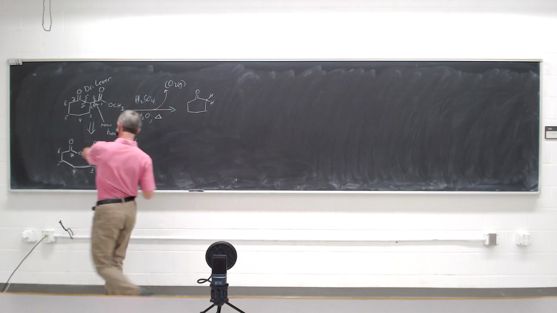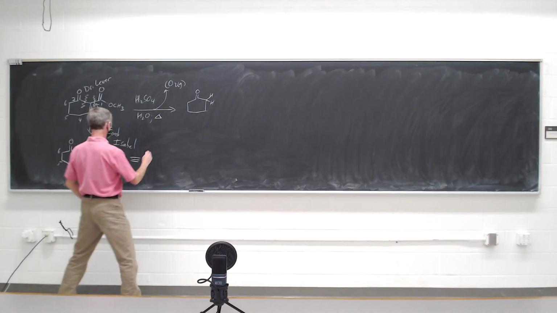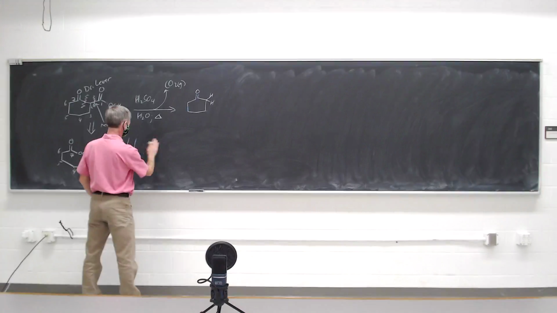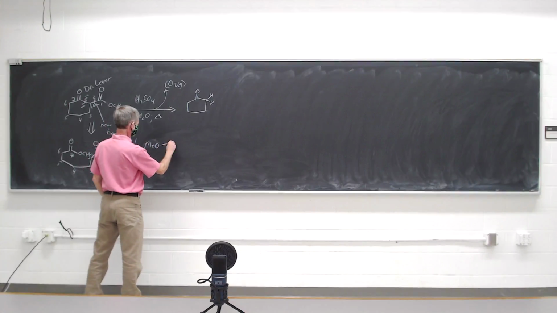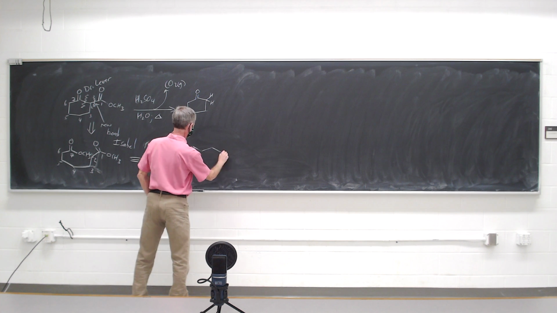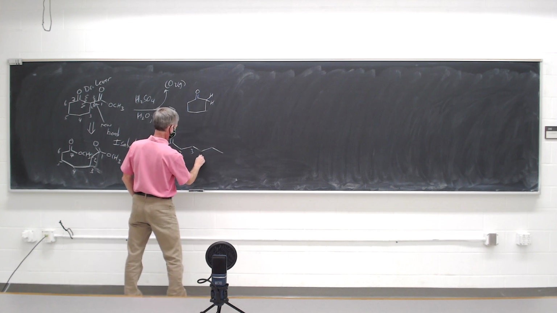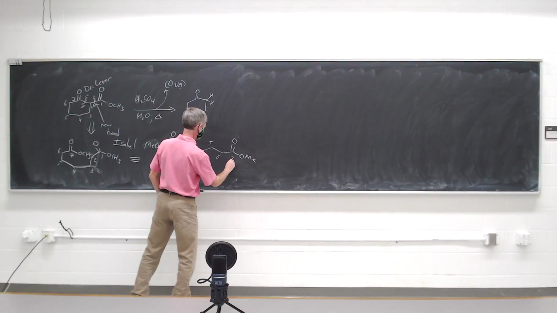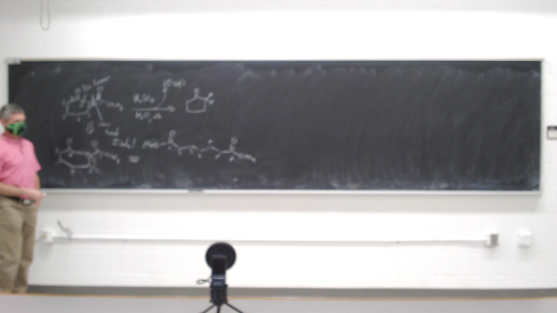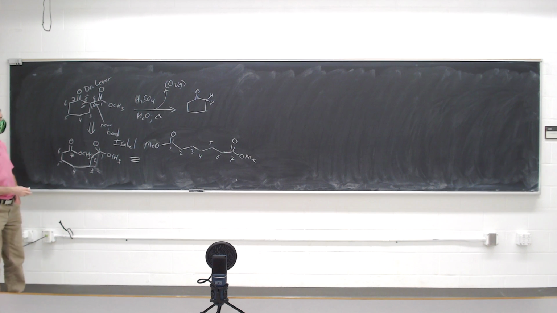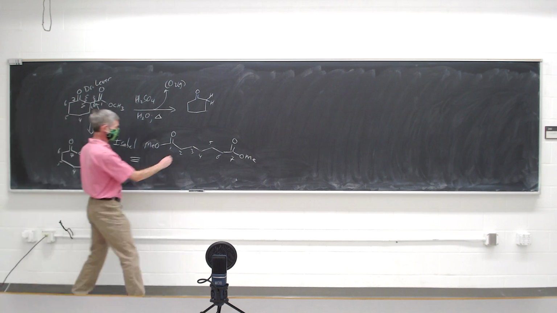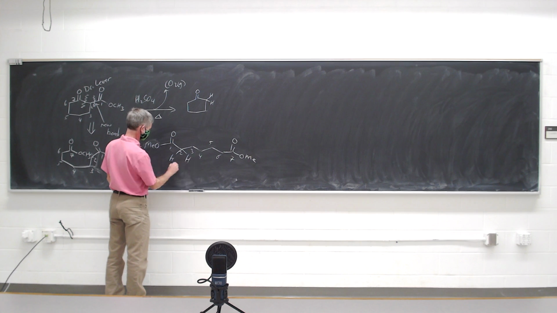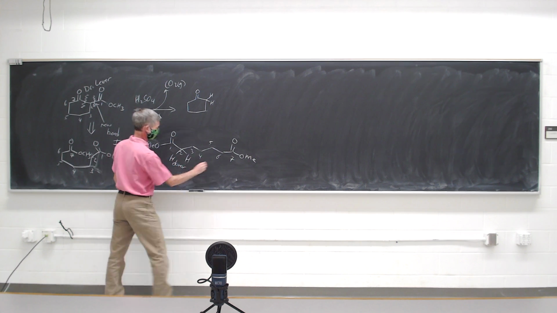And if I redrew that, it would look like this. Right, 7 carbons. We have a methyl ester on both ends. And we'd be forming a new bond between our donor atom here, atom 2, and our acceptor atom.